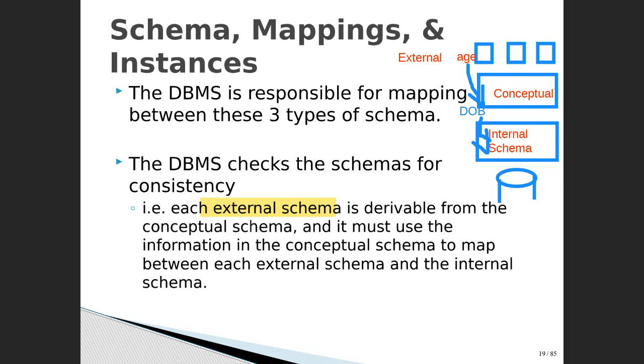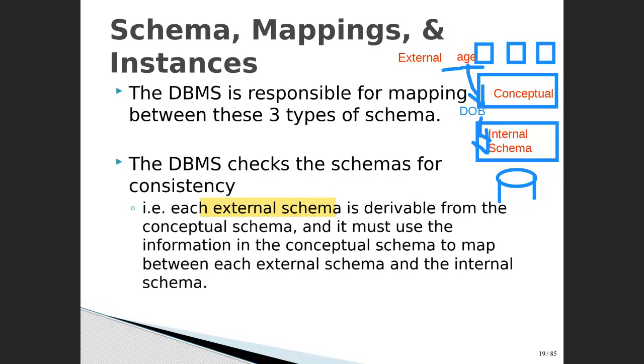Physically, for example, how many bytes it will require in the internal schema, or the physical, or the storage space. So this will be described here in the internal schema, but reflected in the age here in the external, using the conceptual schema to map between them.